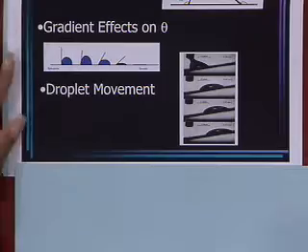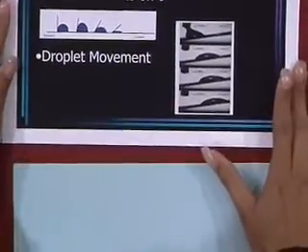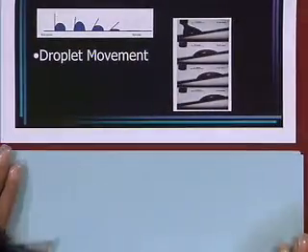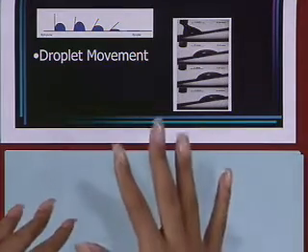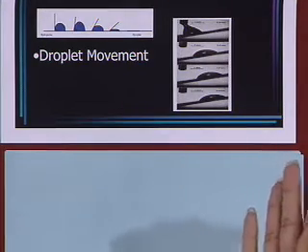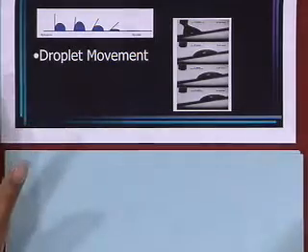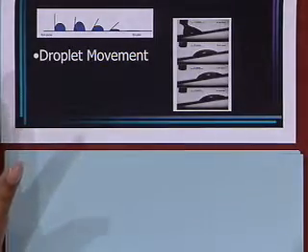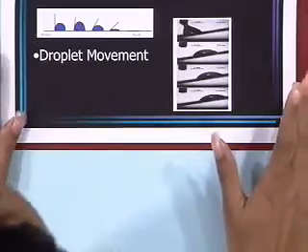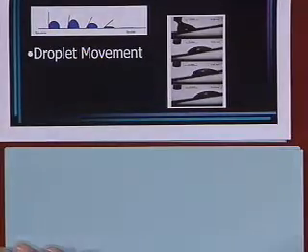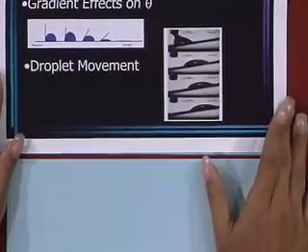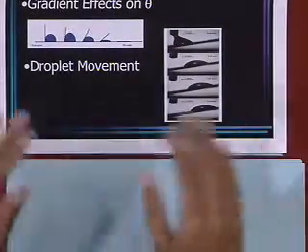So how does the droplet look when it moves? As you can see here, within the Whitesides paper, the droplet actually moved about 1 millimeter per second, and it was on a 15-degree inclined plane. And here's a picture of that now. Can you zoom in a little bit on the picture?